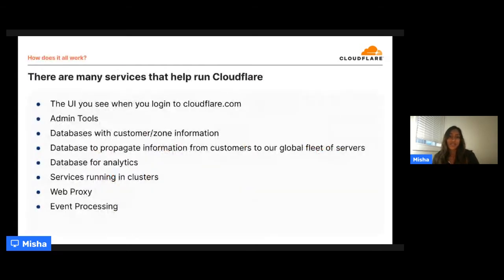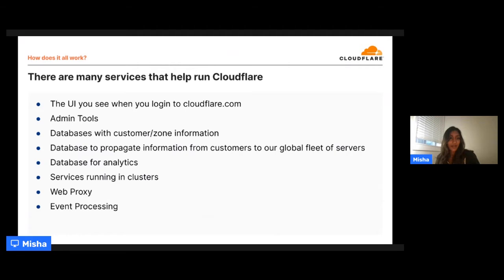So to run this vast network, we need many different tools and services. So here's a list of some of the engineering tools that we use to run Cloudflare in the backend. There's a lot of data that's exchanged between these services that enable our network to run efficiently. So how does a security team protect it all?